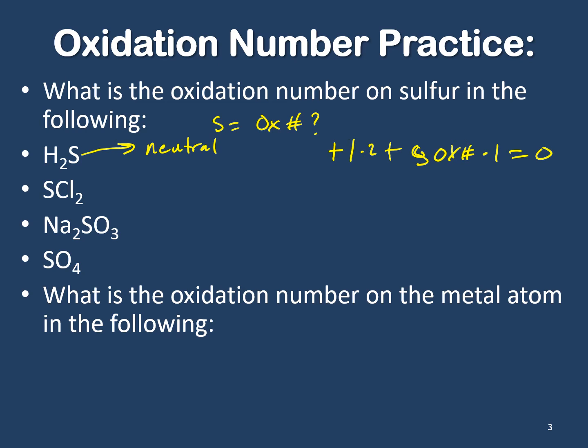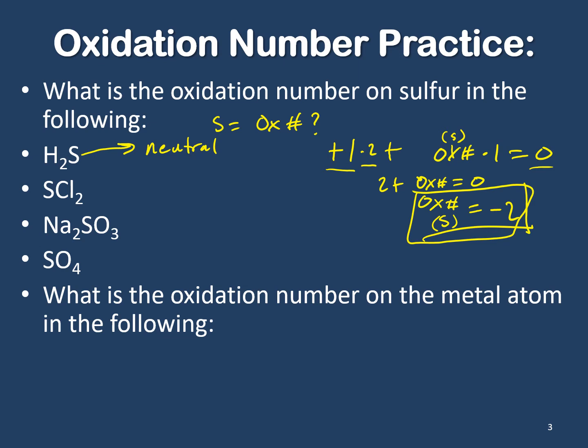So I have my oxidation number of sulfur, in parentheses, times 1 plus 1 times 2 has to add up to 0. This gives me 2 plus my oxidation number has to equal 0, so my oxidation number of sulfur in this compound is -2. And so here is the answer for sulfur in this compound.